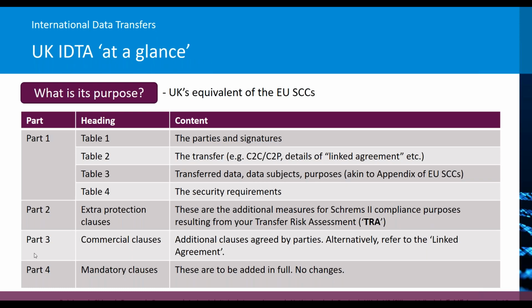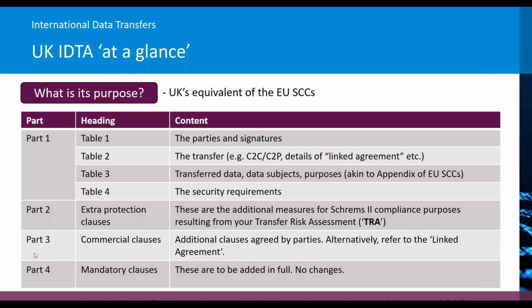So if we now turn to the UK IDTA itself, again, what's its purpose? It's the UK's equivalent of the EU SCCs in essence. It's divided into 4 parts. The first part, again, is divided into tables that you would populate with details around your data transfer. So, again, specifying whether it's a controller to controller, controller to processor, etc. transfer.